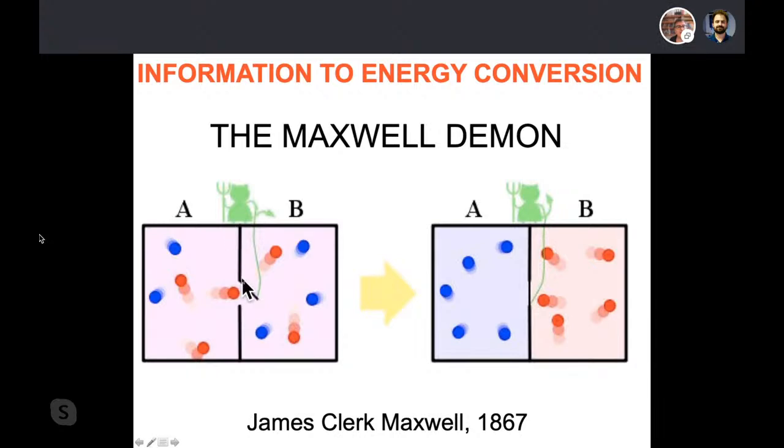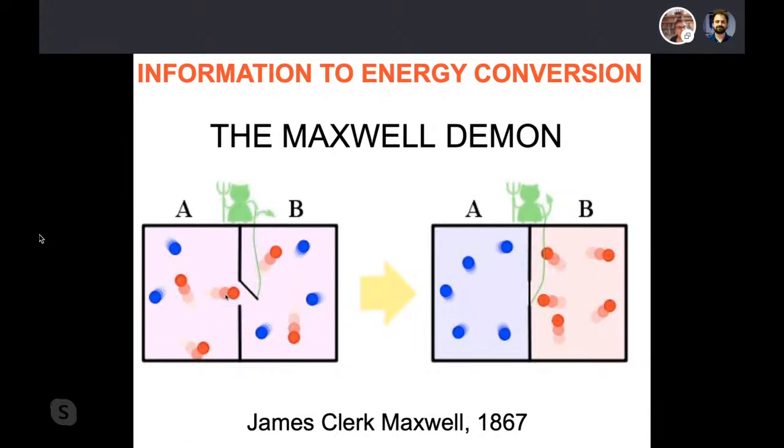The idea of this demon was that originally a system had molecules distributed according to their velocities, for example a Maxwell-Boltzmann distribution, and this intelligent being could have a small gate, and by manipulating the small gate, he could somehow classify molecules according to their speed.